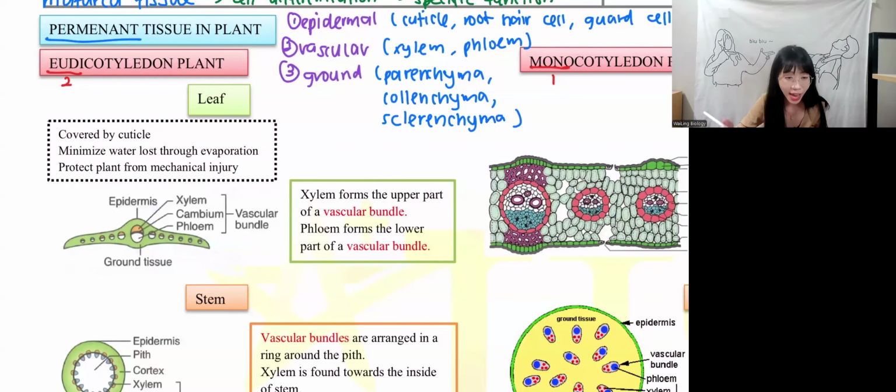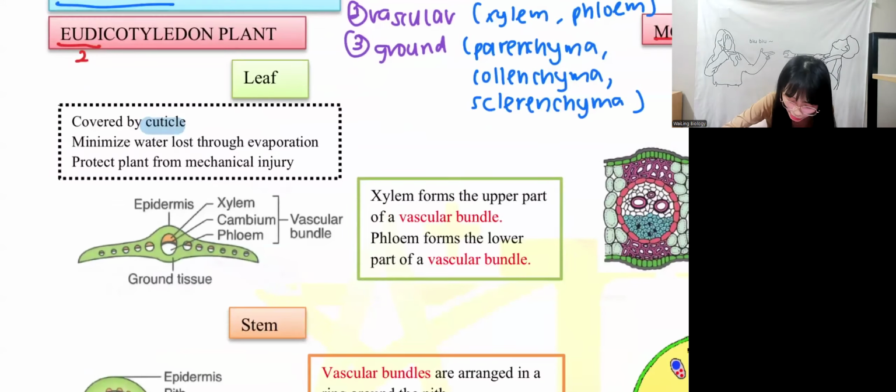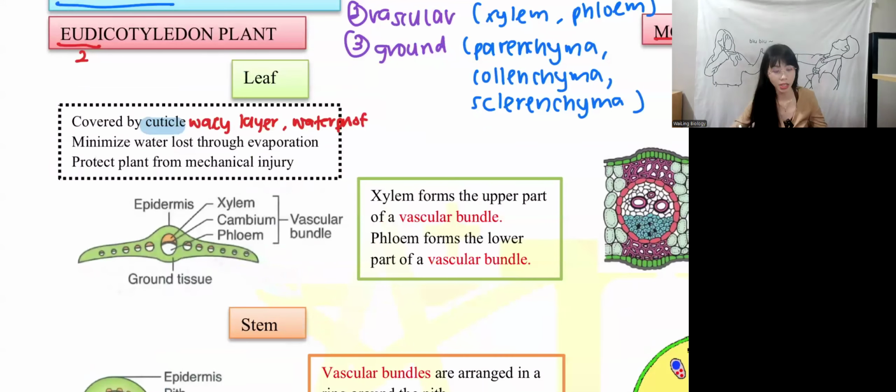The epidermis of your leaf and stem is covered by cuticle. What is a cuticle? Cuticle is a waxy layer. Waxy layer, waterproof. It is to prevent excess water loss, minimize water loss. Next, it protects the plant from mechanical injury. Again, same thing, mechanical injury is not done by humans. It has to be natural.